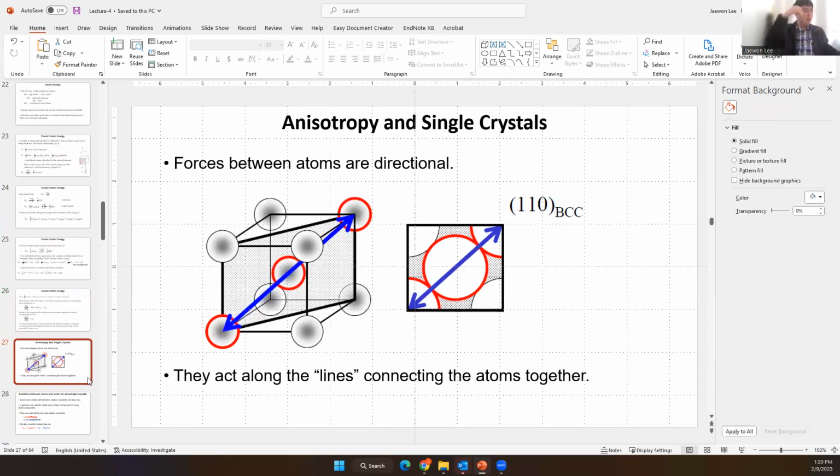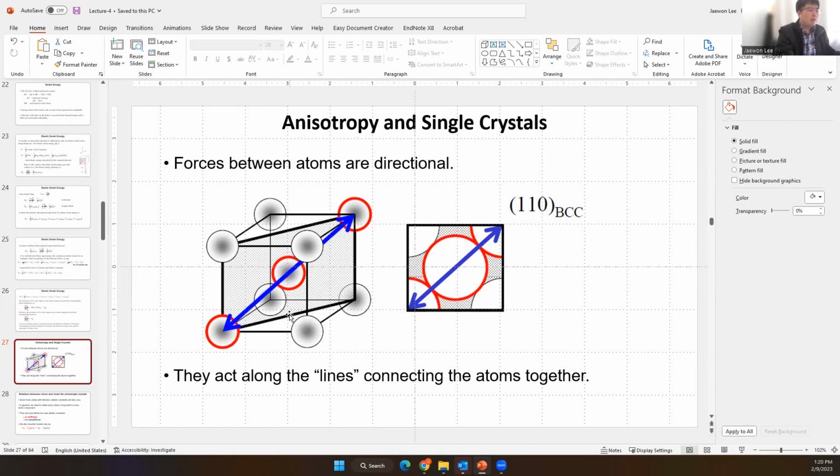The reason why we consider this is that we can try to explain the anisotropic elastic properties.